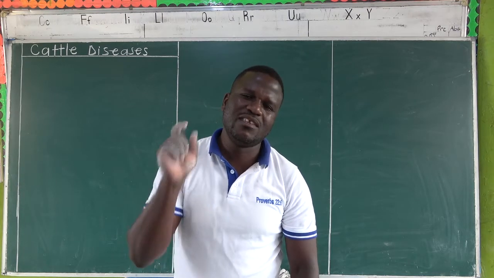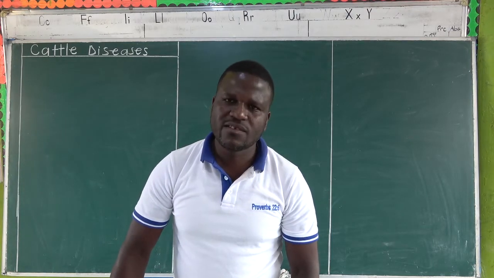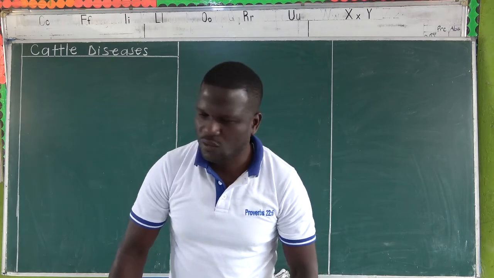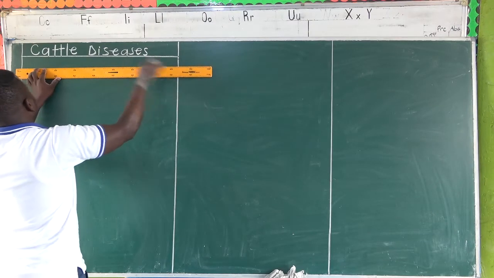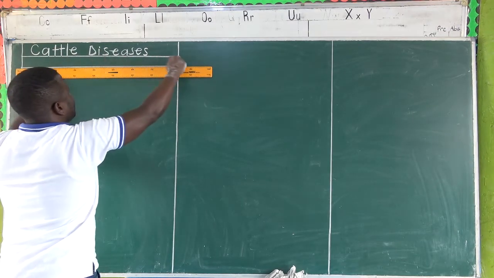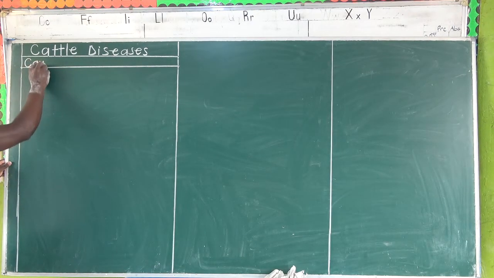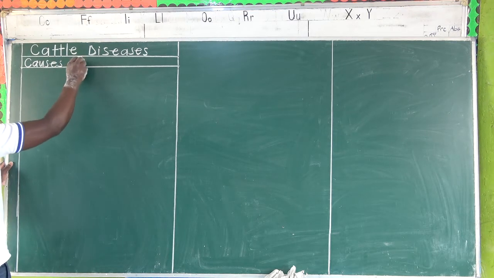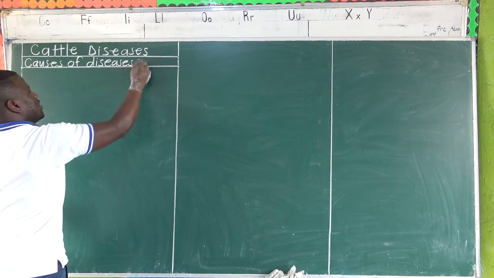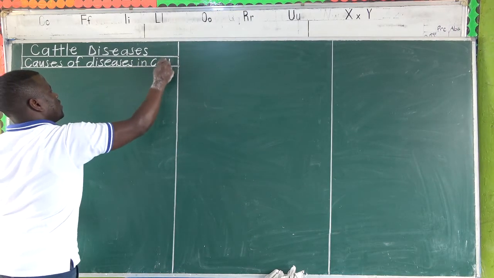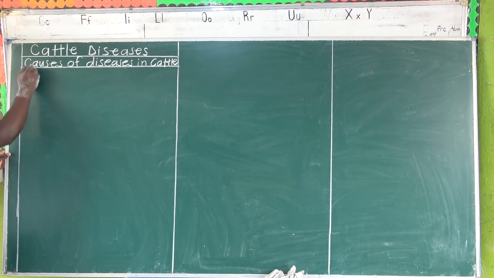But before we mention diseases of cattle, we have to look at causes of diseases in cattle. What causes diseases in cattle? One, we have bacteria.